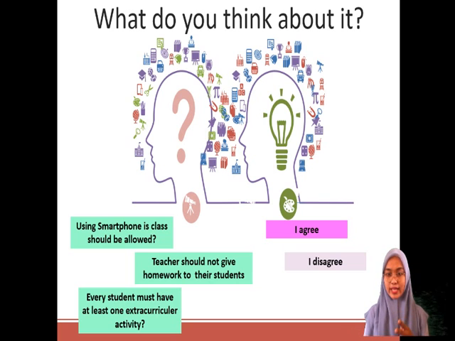The second: teachers should not give homework to their students. Agree or disagree? Good. And the last: every student must have at least one extracurricular activity. Agree or disagree? Good. This topic, this issue, you discuss with your friends in the next lessons.